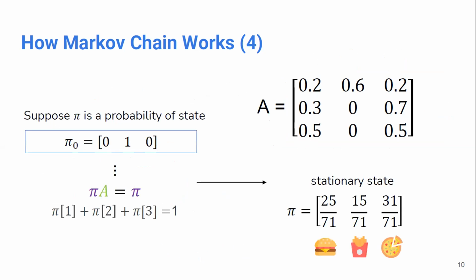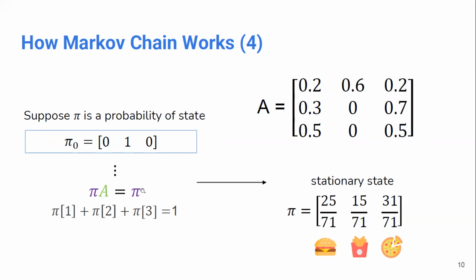Suppose in the beginning, the restaurant serves French fries, so the vector pi has element 1 on the second element. When this pi is multiplied by the transition matrix, then after a certain point, the output row vector should be exactly the same as the input vector. It is denoted as pi A equals pi.